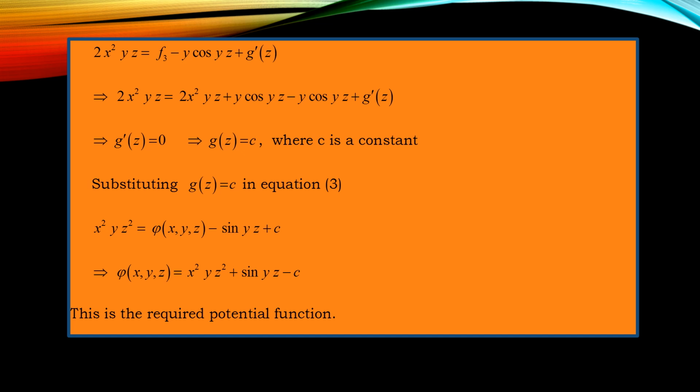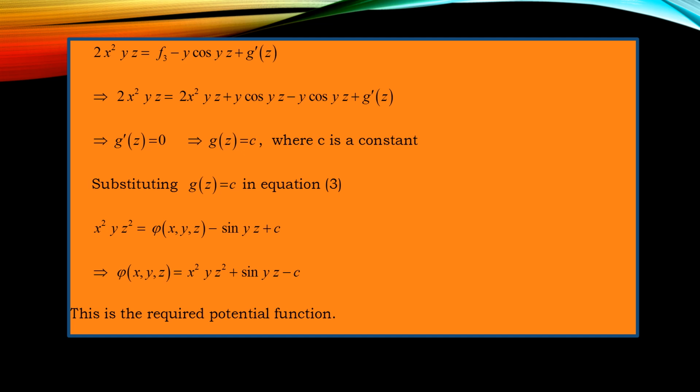We substitute g of z is equal to c in equation 3. Then we get x²yz² is equal to phi of x, y, z minus sin of yz plus c.